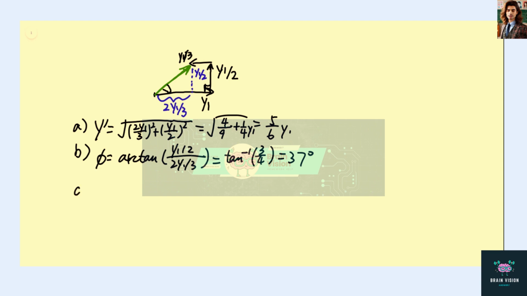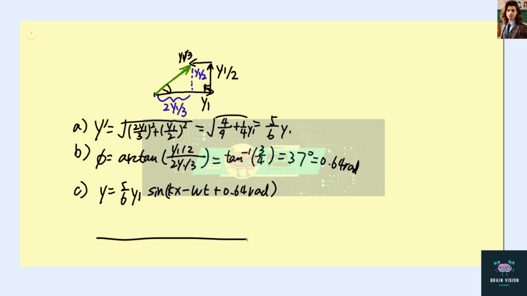Now we can write the resultant: y equals the magnitude, 5 over 6 y1, times sine of kx minus omega t. Let's put the phase in radians: it's 0.64 radian. The phase shift is 0.64 radian.